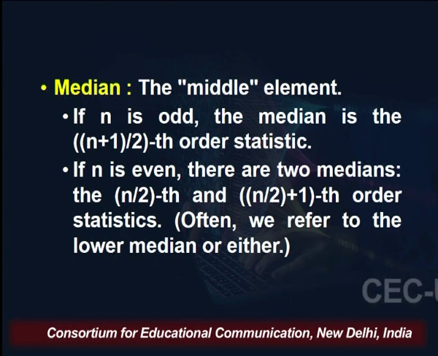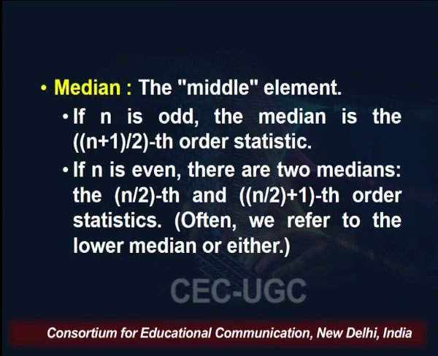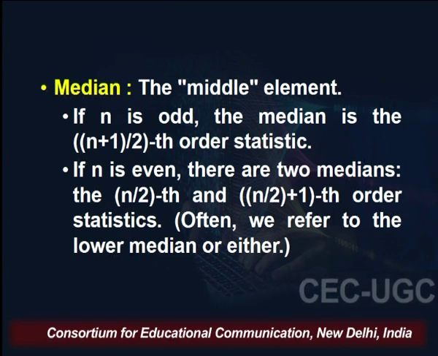One is the lower median, another is the higher median. So if n is even, there are two medians: one is the n by 2th and the other is the (n by 2 plus 1)th order statistic. This is how these two subtopics, median and order statistics, are related.